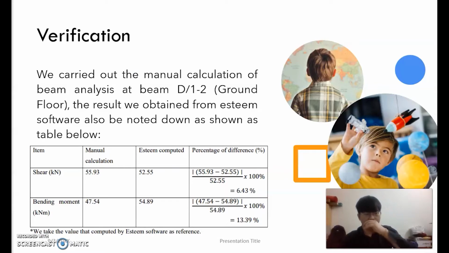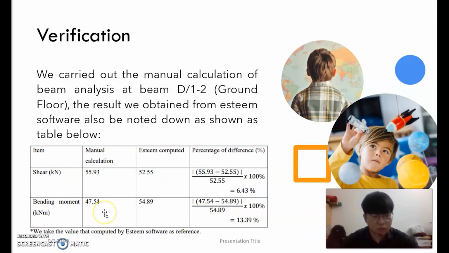So for the verification, we carry out the manual calculations of beam analysis at beam D slot 1-2, from the ground floor. The result we obtain from the Esteem software is shown in the table below. We can find for the shear, the percentage of difference is 6.45, and for the bending moment, it is 13.39.